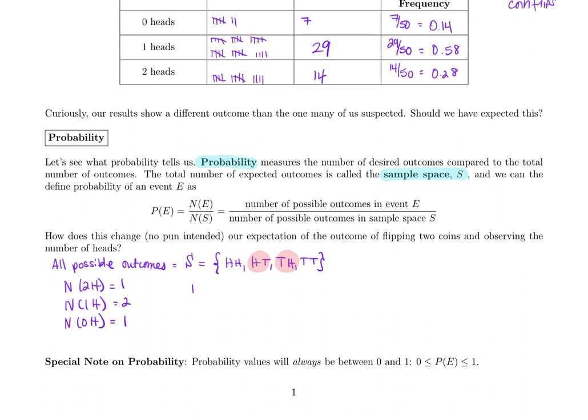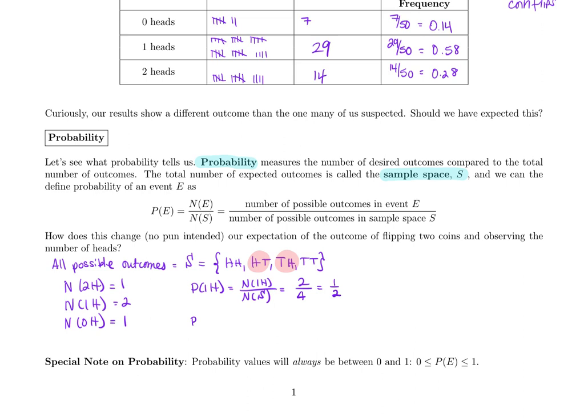So the probability of 1 head would be the number of ways to get 1 head divided by the number of events in our sample space. So we would get 2 out of a total of, we'll count them up, 1, 2, 3, 4. So S has cardinality 4, a size of 4. So our probability of just getting 1 head is actually 1/2.